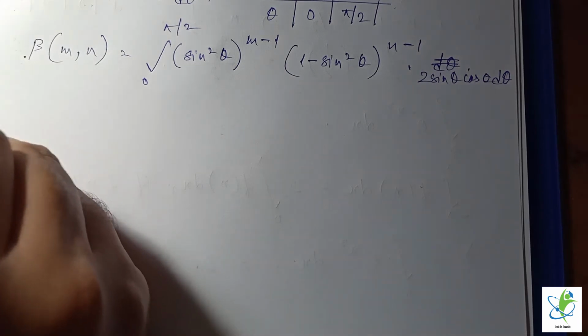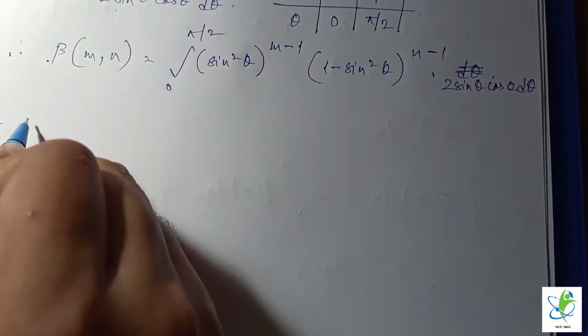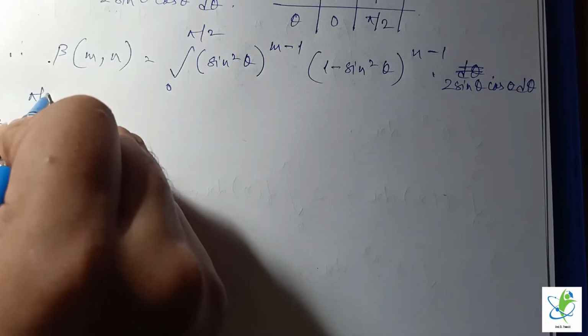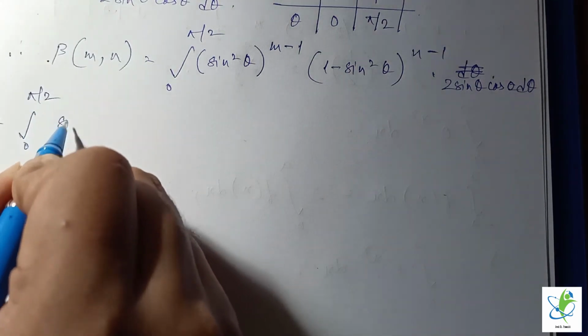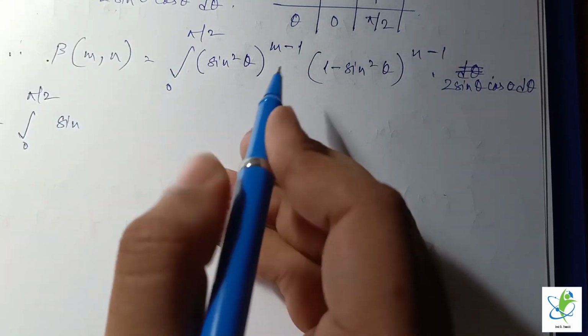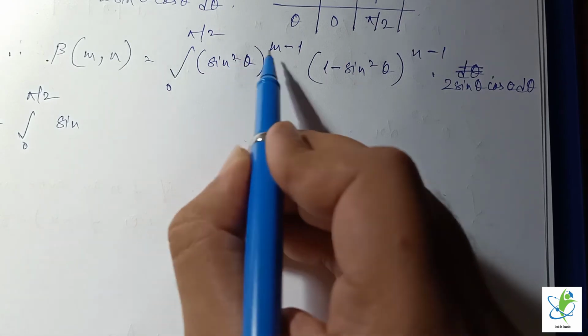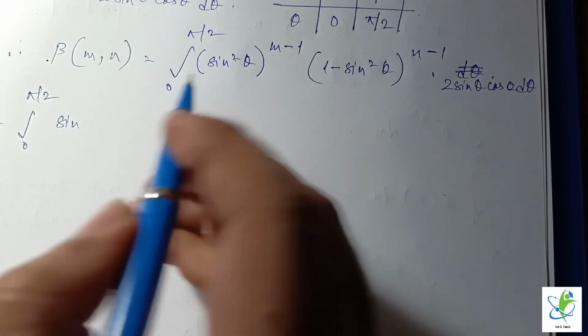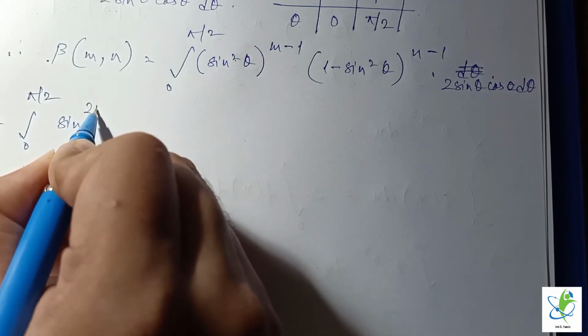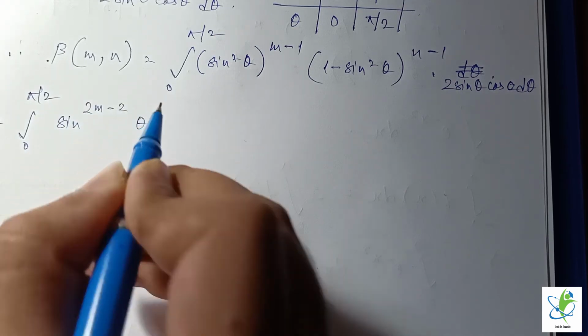So it equals integration 0 to pi by 2 sine. Now multiply the powers: 2 into m minus 1 means 2m minus 2, so it's sine 2m minus 2 theta.